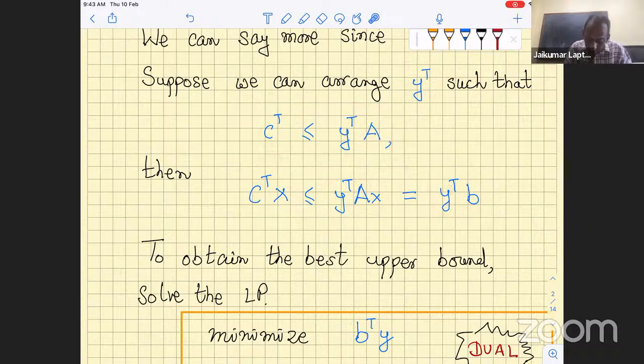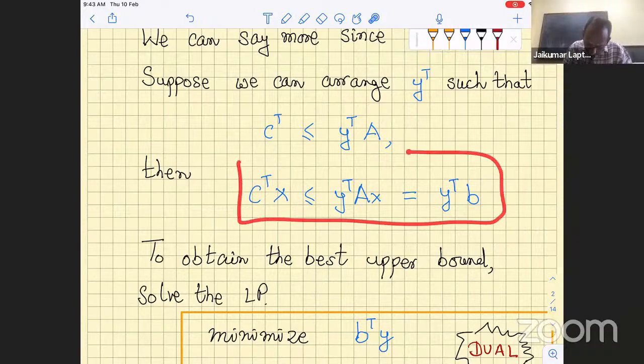But now we can only say that this Y transpose B. So we are taking these equations and adding them up, but ensuring that the left-hand side dominates the objective function. Then whatever we get on the right-hand side will form an upper bound for the objective function. That is the message of this equation.